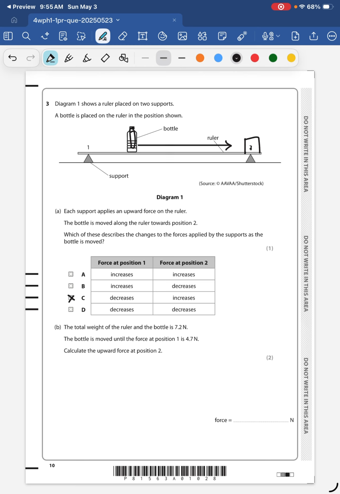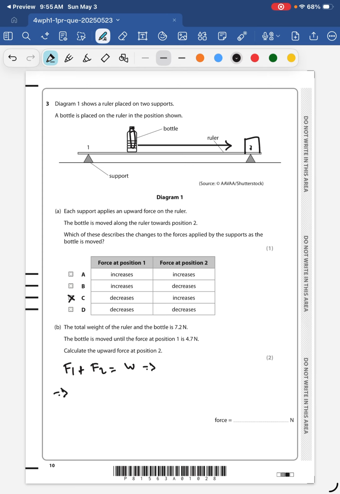Part B. The total weight of the ruler and the bottle is 7.2 newtons. The bottle is moved until the final force at position 1 is 4.7 newtons. Calculate the force at position 2. Okay, so F1 plus F2 pretty much has to be equal to the weight.